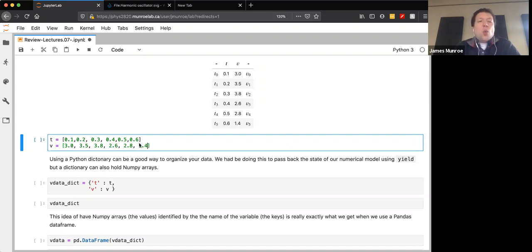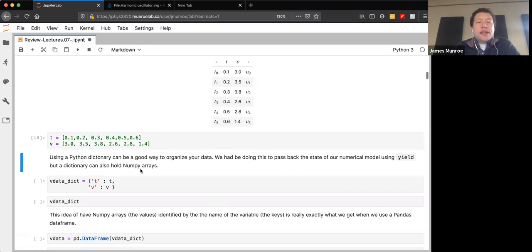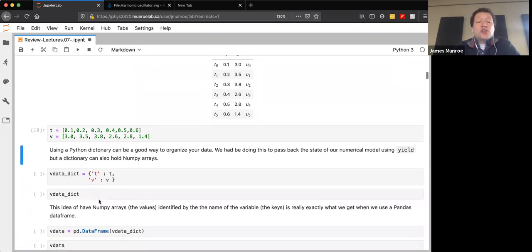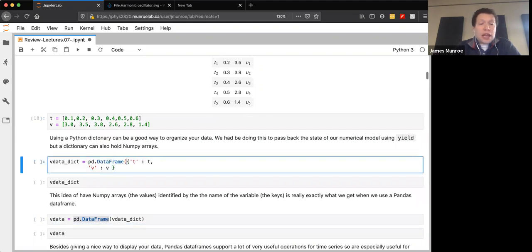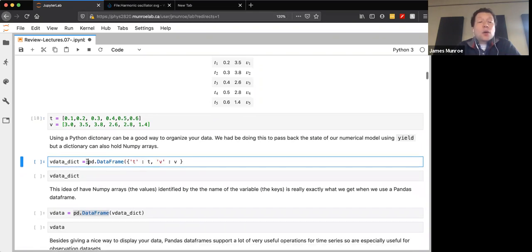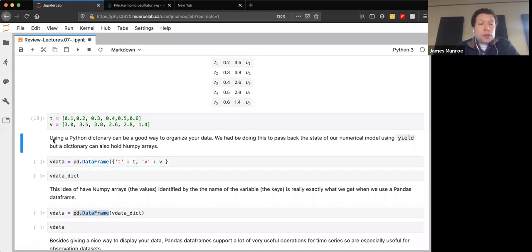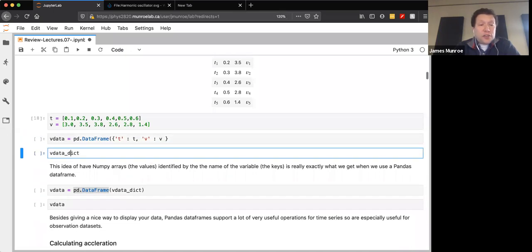Okay, there we go. One of the ways we've been dealing with data is to group it together into what's called a pandas data frame. And this is exactly how we've been passing data back when we've been using our stepper. So that's the idea, just to clean this all up.